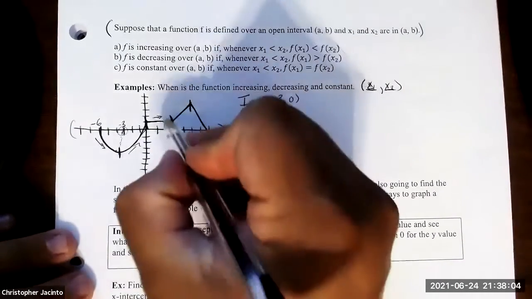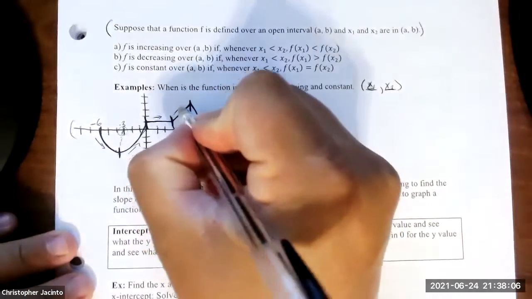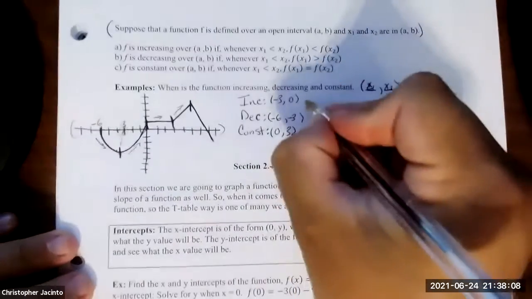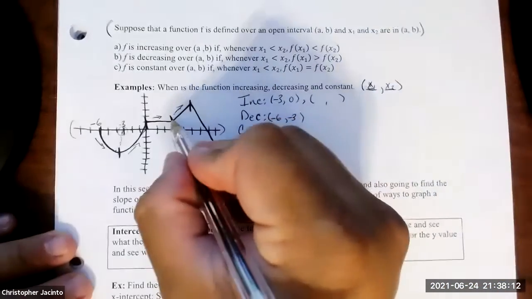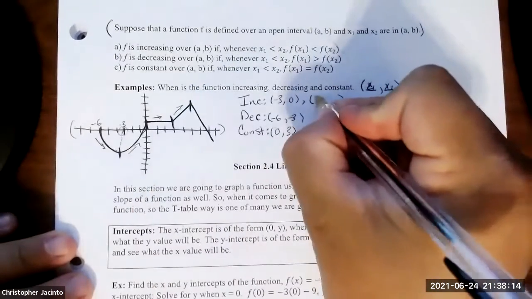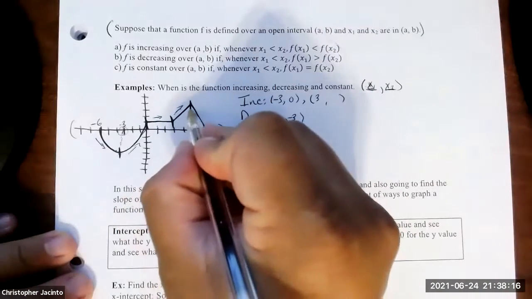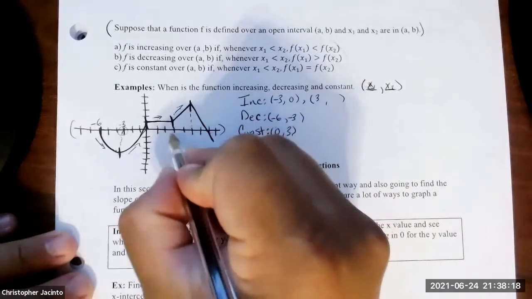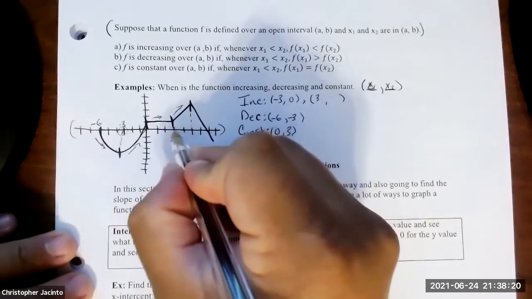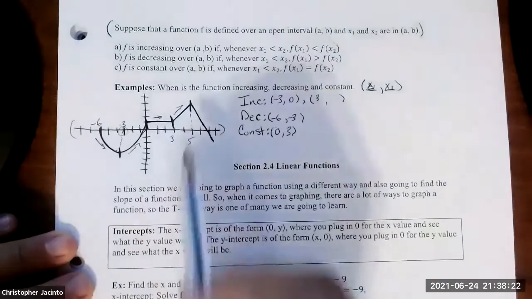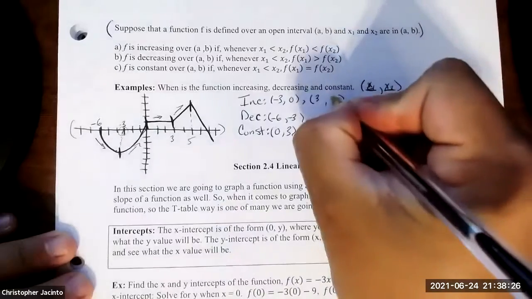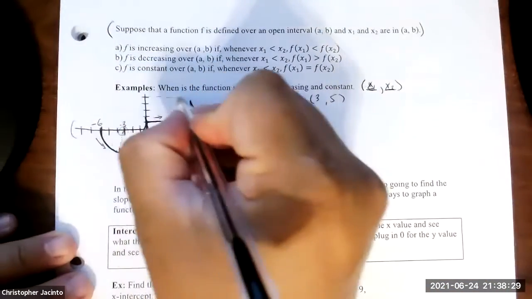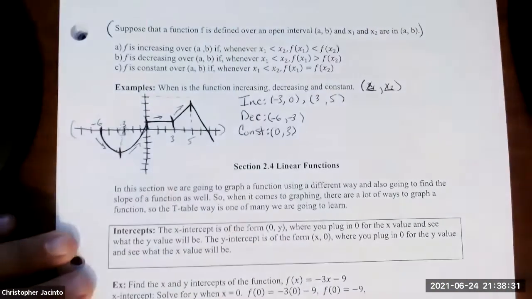Okay, and now from here to here, we go up, so that is increasing. So we have another interval of increasing. We start from 3, and we go all the way up to the x value of 5. So from 3 to 5, it is increasing. Again, we don't care about how high it goes. We just care about the x values themselves.